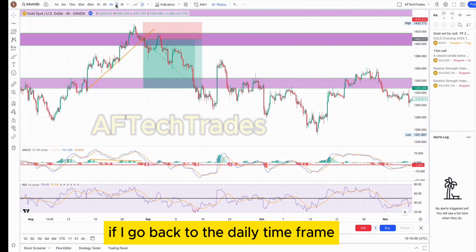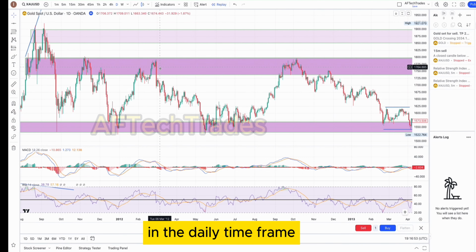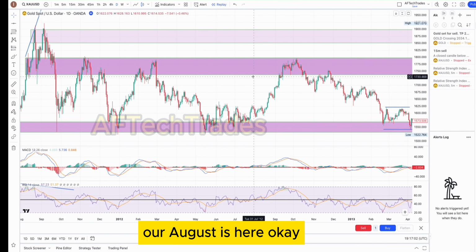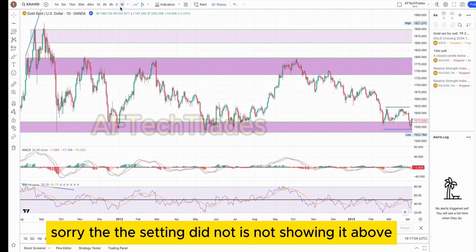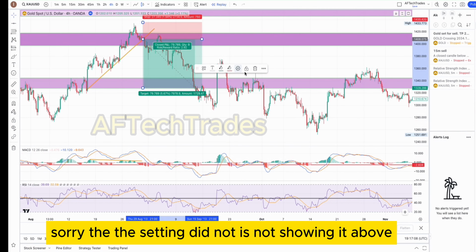If I go back to the daily time frame, in the daily time frame, August, which is in the front, right? November. Our August is here. Okay, sorry. The setting is not showing it above.